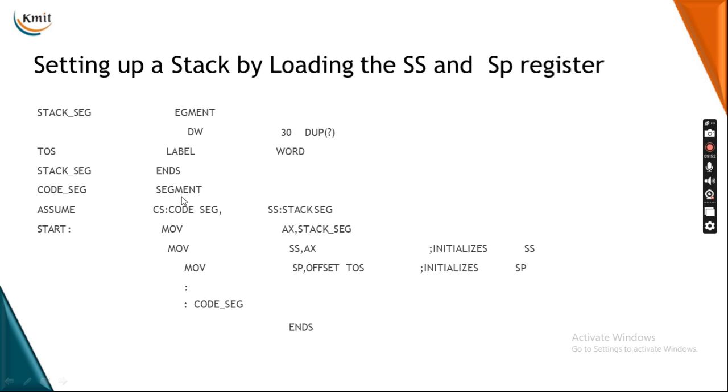Then the code segment starts: move AX, whatever the stack segment is, it will be stored in AX, and AX to SS. Then move SP to offset of stack top, initializing the stack pointer. This is the syntax for setting up a stack by loading the SS and SP registers.